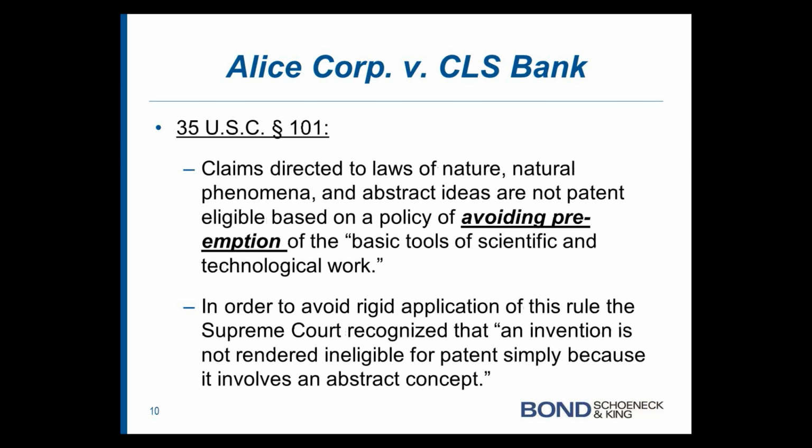Now, the Supreme Court recognized that per Section 101, claims directed to laws of nature, natural phenomena, and abstract ideas are not patent-eligible based on a policy of avoiding preemption of the basic tools of scientific and technological work. But in order to avoid rigid application of this rule, the Supreme Court recognized that an invention is not rendered ineligible simply for involving an abstract concept.